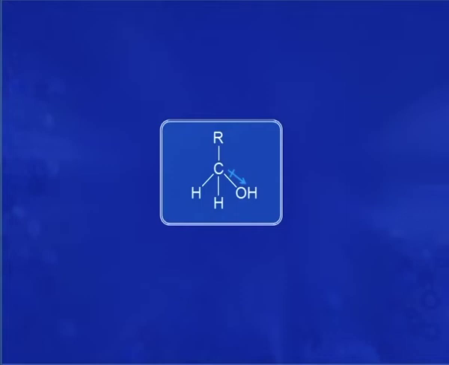A dipole moment is designated by an arrow drawn in the direction of the dipole, with the arrowhead at the negative end and the tail at the positive end. As you can see here in this alcohol molecule, the arrowhead is pointing towards oxygen, which is more electronegative, and the back side of the arrow, or positive side, is towards carbon, which is less electronegative.